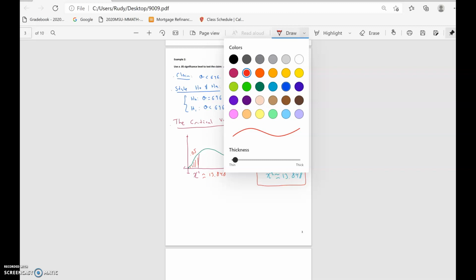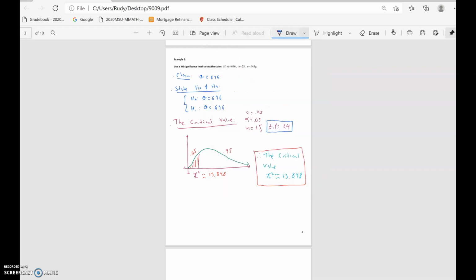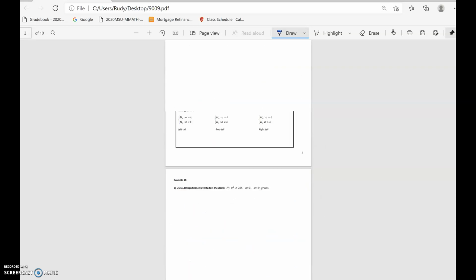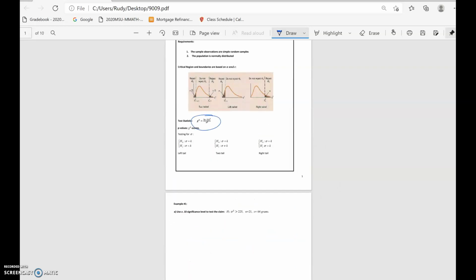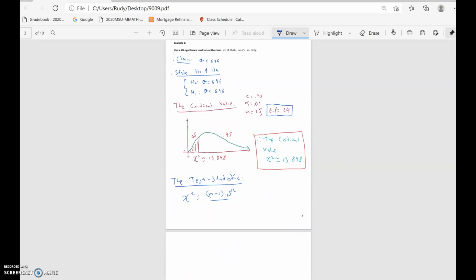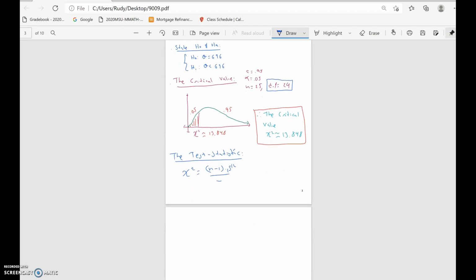Next order of business is, let's take a look at the actual test statistic. So the test statistic is going to be a chi-square value. That's going to be n minus 1 times s squared over sigma squared.